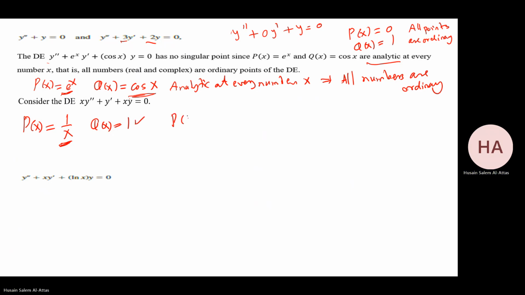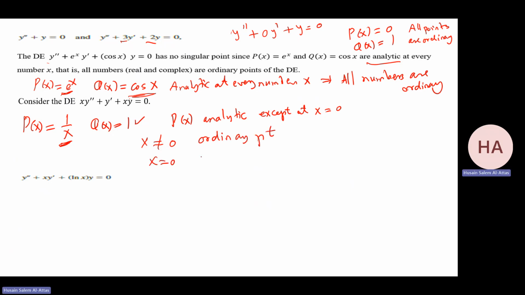P is analytic except at x equals 0. So for x not equal to 0, this is an ordinary point, and x equals 0 will give me what? A singular point.